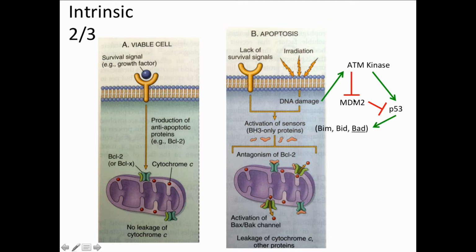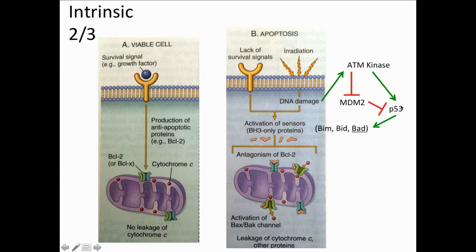By phosphorylating MDM2, it inhibits MDM2, and phosphorylating P53 activates it. MDM2's normal activity is to constantly grab P53 and target it for proteasomal destruction. It's the E3 ligase of P53. So when you block and inhibit MDM2, then you have more P53 levels because it's not getting destroyed.